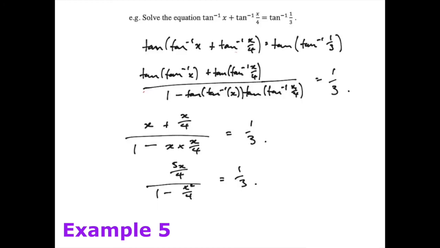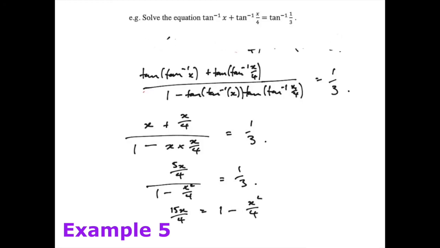And now I can cross multiply, so I end up with 15x over 4 equals 1 minus x squared over 4. And I'm going to run out of room, so I'll get rid of the top here. Okay, multiply everything by 4, so I'll get 15x equals 4 minus x squared.